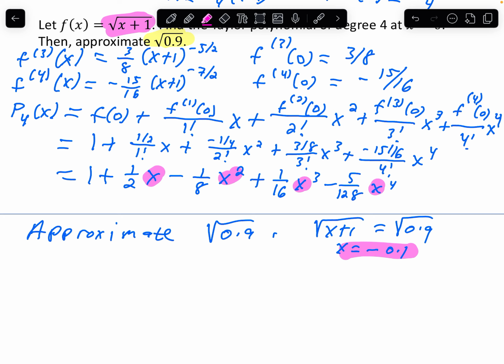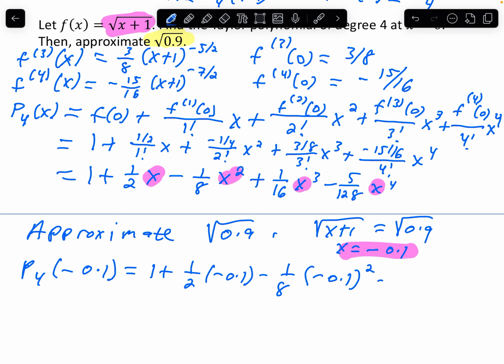Putting negative 0.1 into each and every one of those x's, this is going to make P sub 4 of negative 0.1, and that is going to make 1 plus a half times negative 0.1 minus 1/8 times negative 0.1 squared plus 1/16 times negative 0.1 cubed minus 5/128 times negative 0.1 raised to the 4th power.